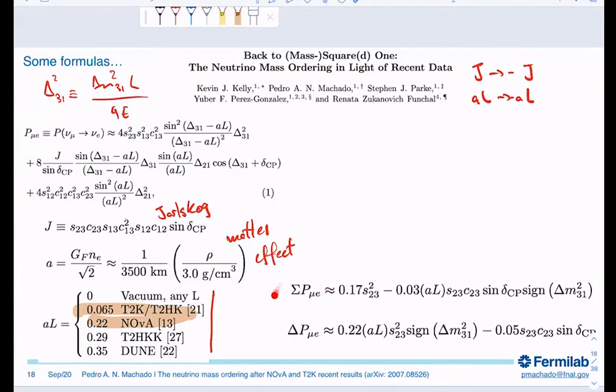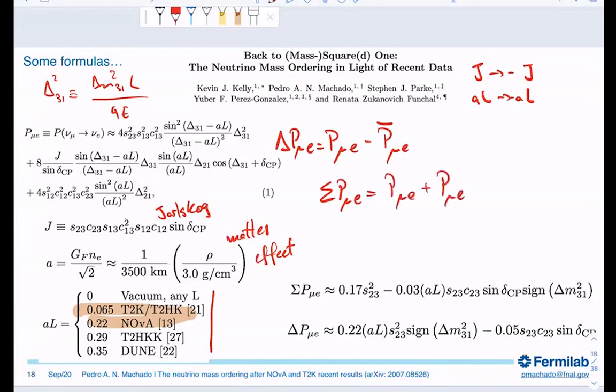One is the sum of probabilities, and the other is the difference of them. So basically, this would be P mu e minus P mu e bar. So that's the delta P mu e. And the sum is obviously P mu e plus P mu e bar.